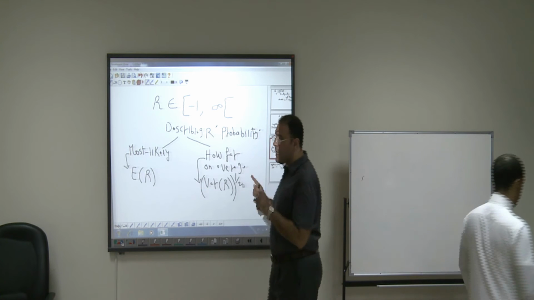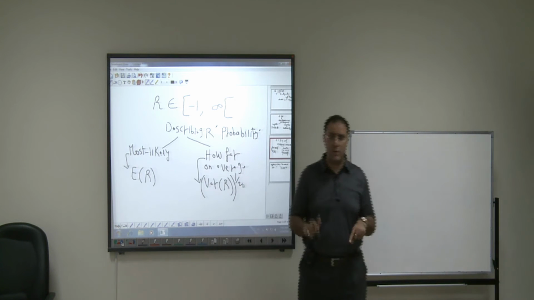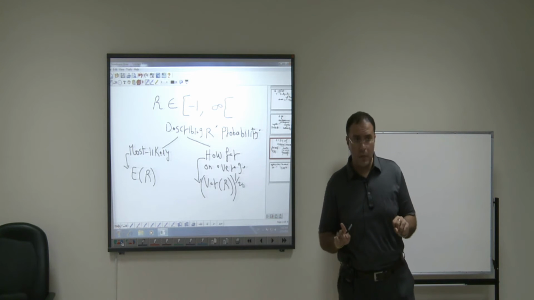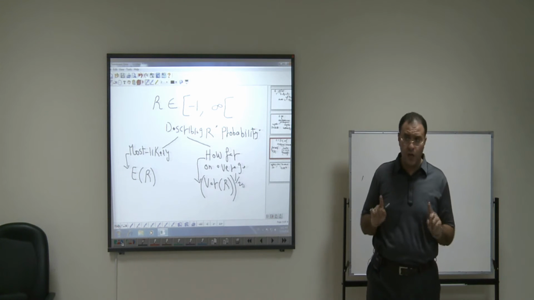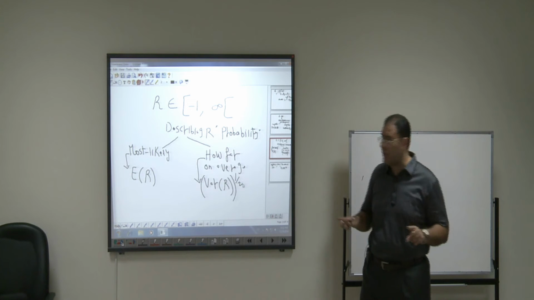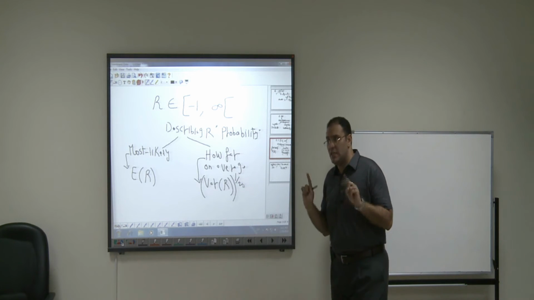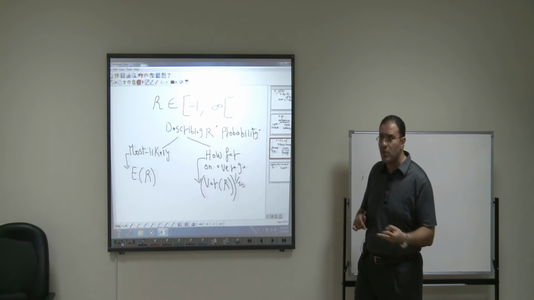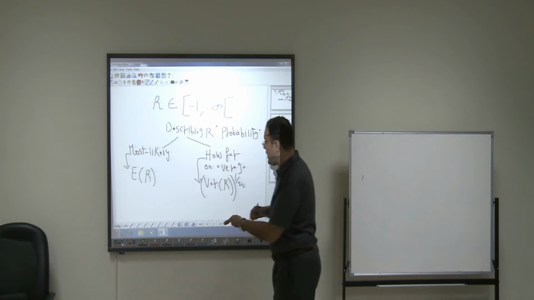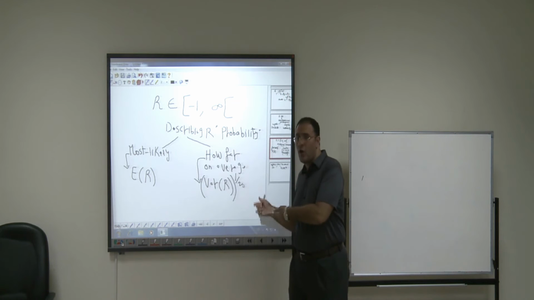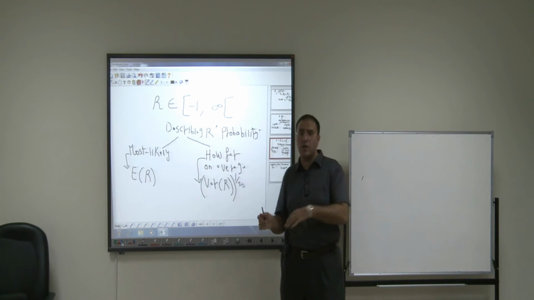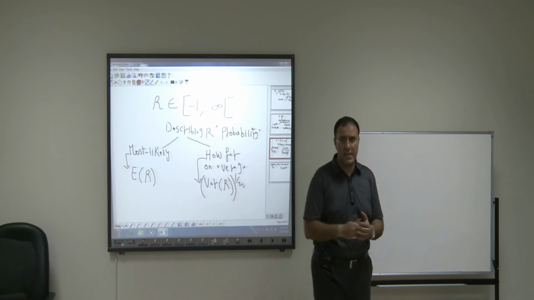Again, R ought to be described probabilistically because R is an RV. How are we going to be probabilistically describing R? With a couple of measures: a most likely measure and a how-far-on-average measure. The most likely measure: we don't know the outcome, so we think in terms of the most likely outcome.